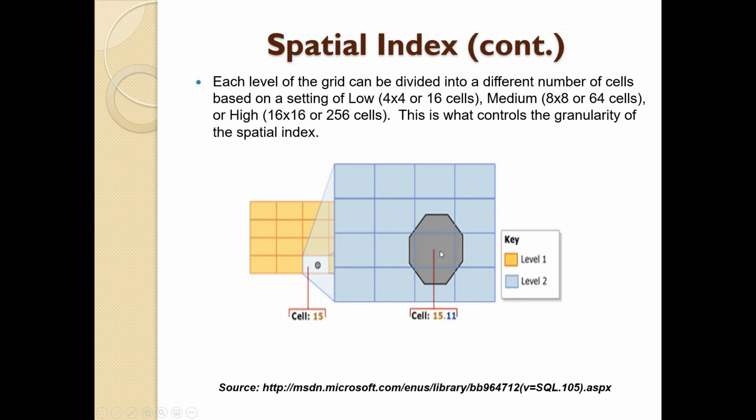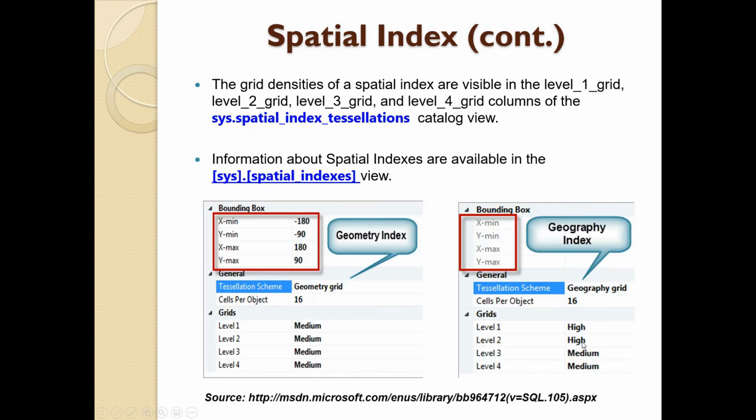And the cell that you're looking for is this 11th cell. So you have 4, 8, 9, 10, and 11. So that'll be from level 1 is 15, and then level 2 is 11. So it pinpoints exactly where the points you're looking for are inside the SQL Server setup here.